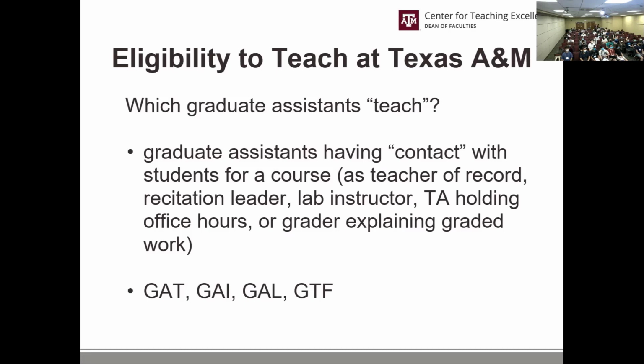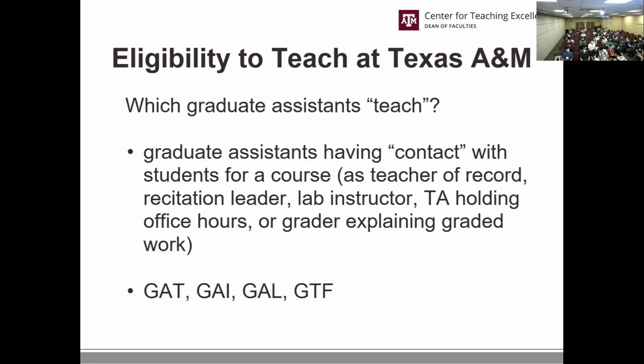If you're only grading the work and giving the papers back to the professor and letting the professor interface with the students, that may be exempt from the English requirement. But if you are talking to students and trying to explain why they earned the grade they earned, or what part they misunderstood, you're a teacher at that point.